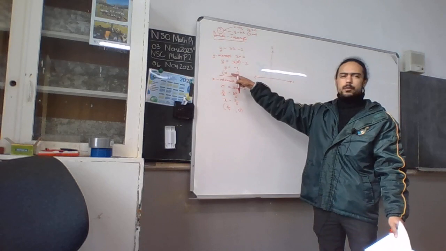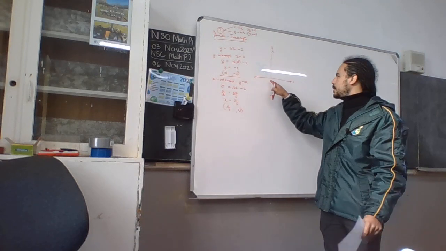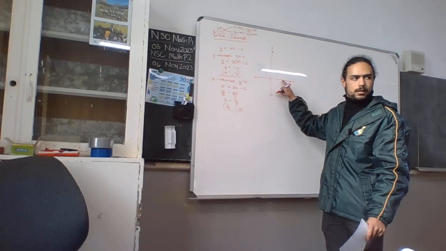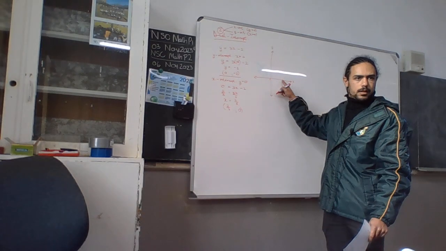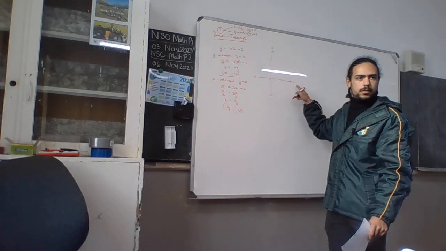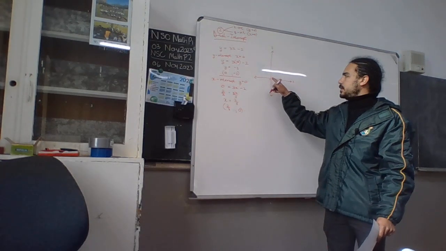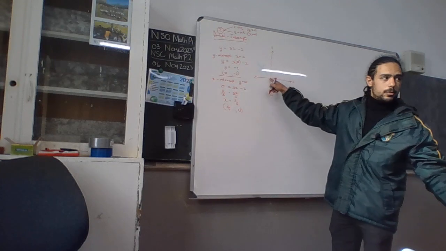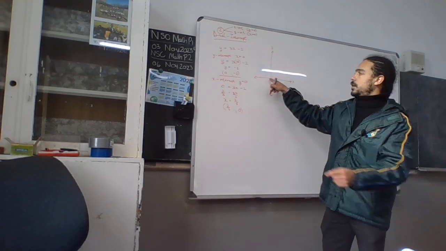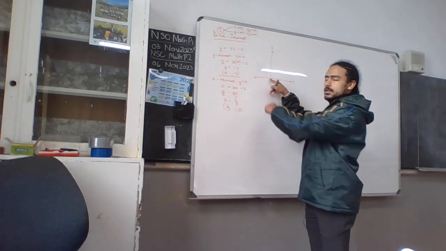Right, where x is equal to 0. Where is x equals to 0? Is it on this side? Is it here? More to this side. It's right here. But where x is equal to 0, what should my y value be? I'm plotting this coordinate now on the sketch.